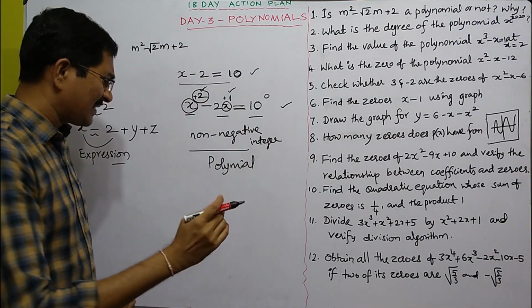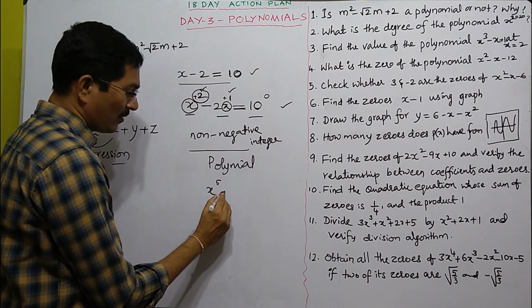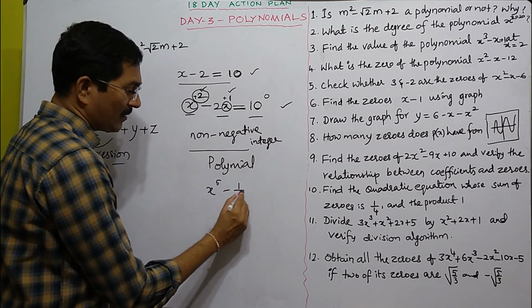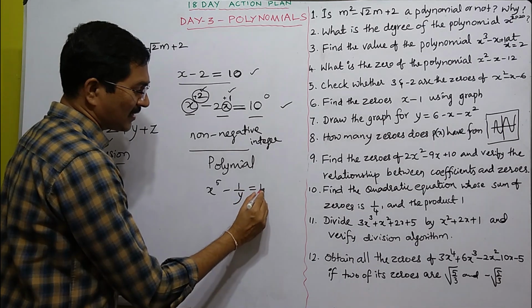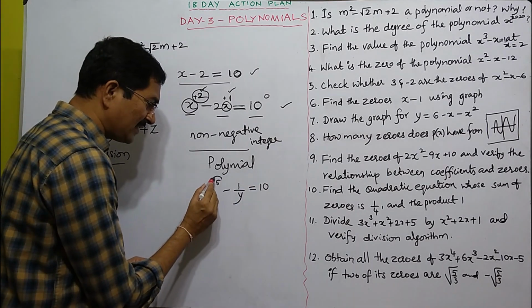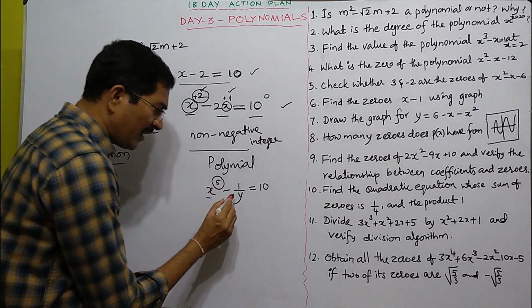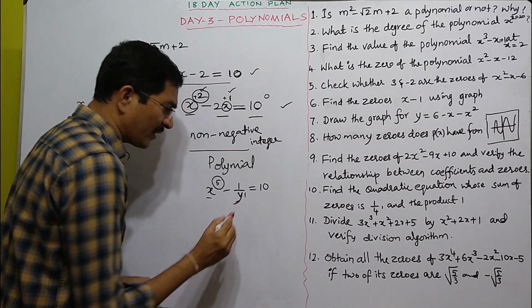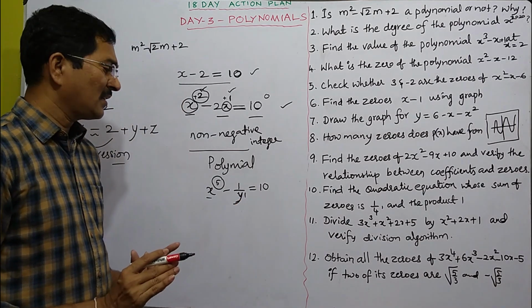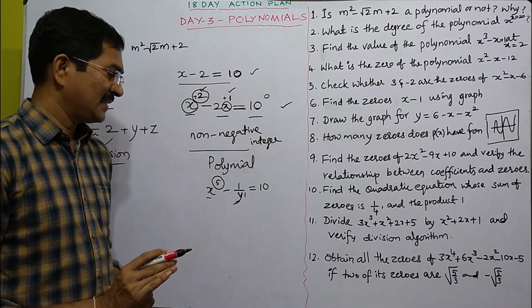Now let us take a case like x to the power of 5 and 1 by y is equal to 10. Is it a polynomial? If you observe carefully, the power of variable x is a non-negative integer, and the other variable is y, its power is 1. So we might get confused that it is also a non-negative integer.